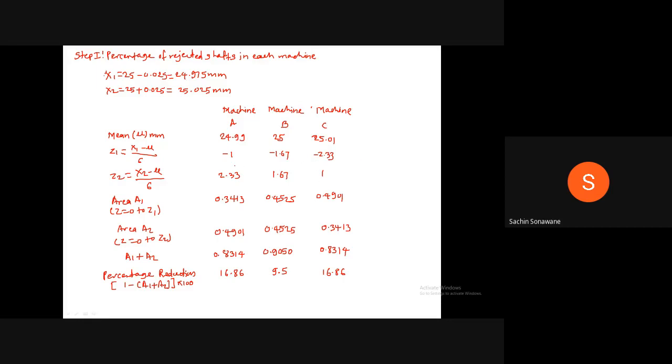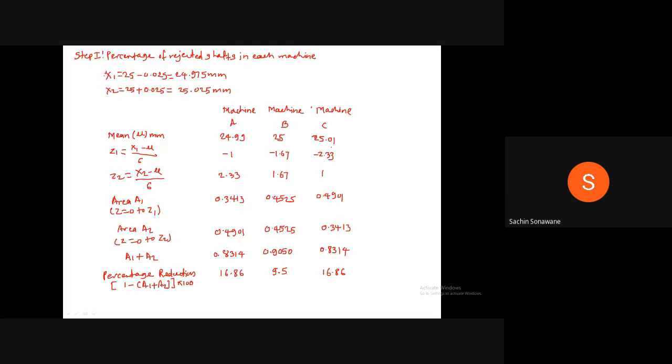For all these six values, we'll plot three normal distribution curves: for machine A first, for machine B second, and for machine C third. Therefore, three normal curves will be there, and from these normal curves, we will comment on the results. Therefore, I will draw these three graphs now.